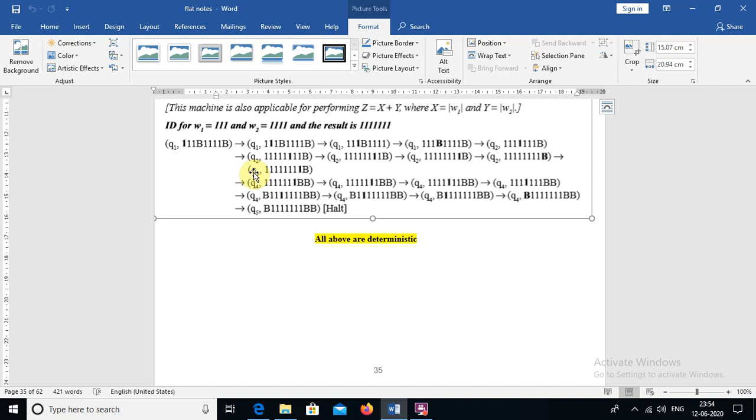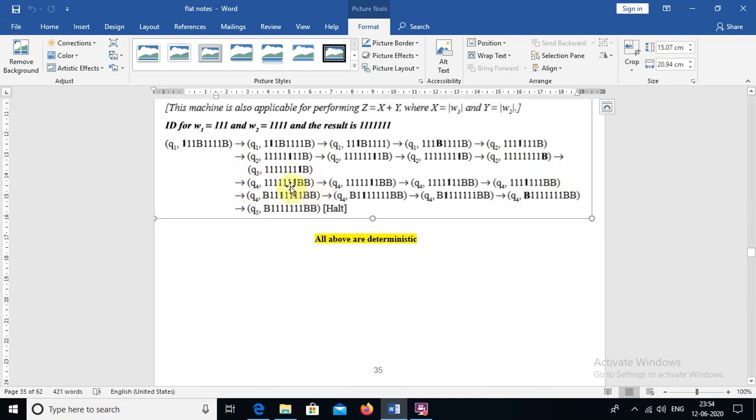So in Q2, whenever you find a B, there we can move to the left. For that reason we transform it to the Q3 state. And that 1 is replaced with a B, right? So that's why we change it to the Q4 state.